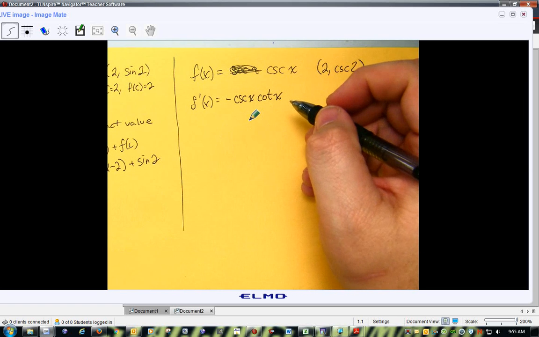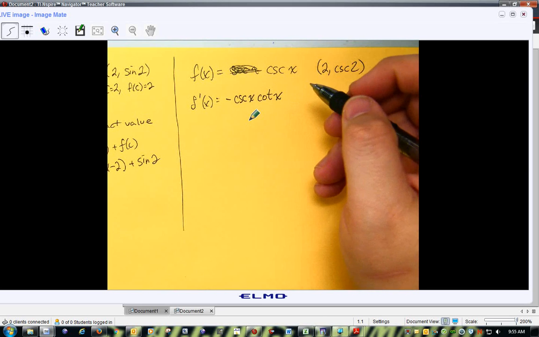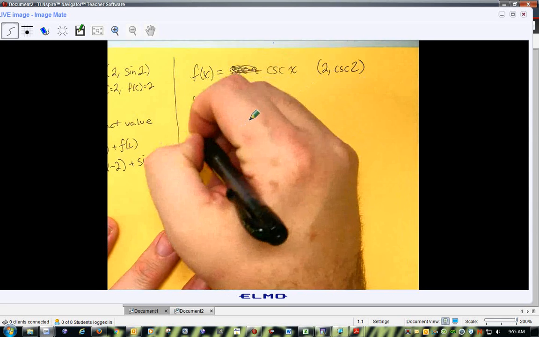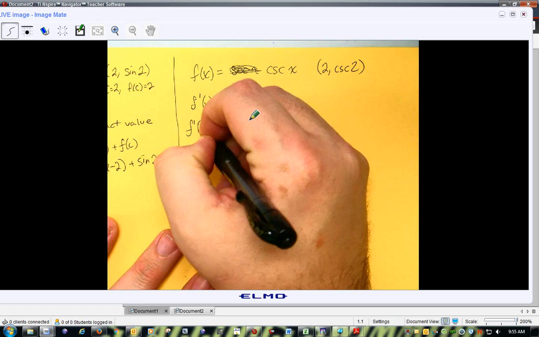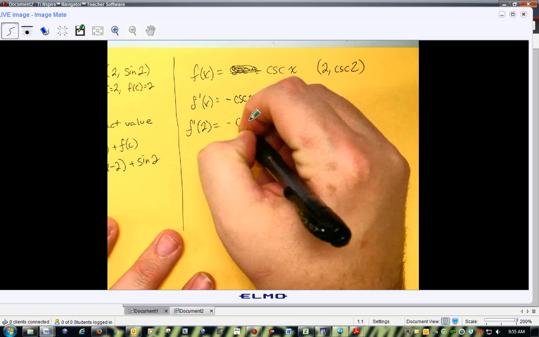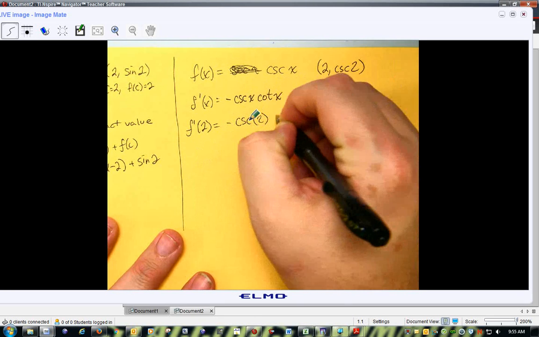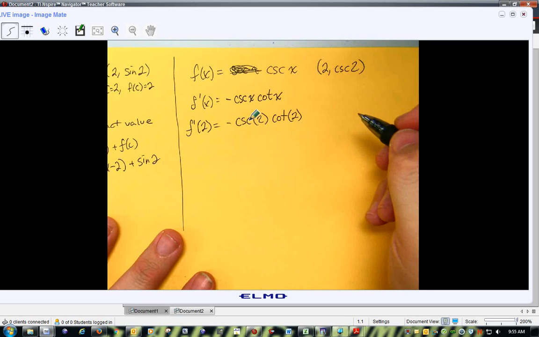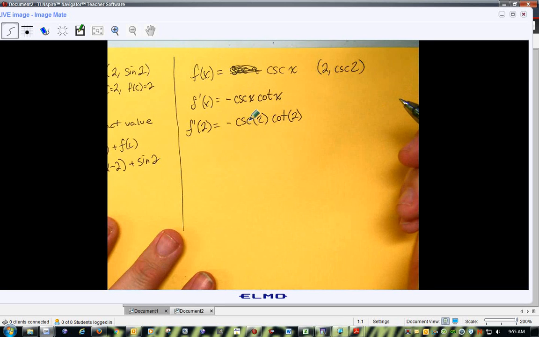Any chain rule here? Now if I put f prime at 2, I'm going to get negative cosecant 2 cotangent 2. And I know it looks ugly, but it's better to use the exact value in that case.